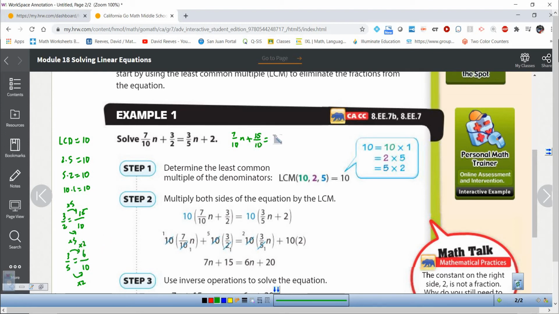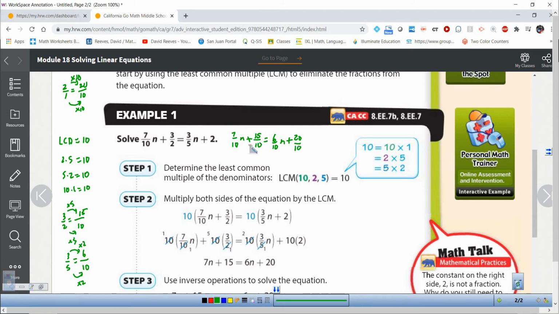So this would be equals 6/10 n plus, and of course this 2, we weren't thinking of 2 as a fraction, but you can take any whole number and put it over 1. 2 over 1, if I want that denominator to be 10, that's times 10, and I would get 20 over 10.